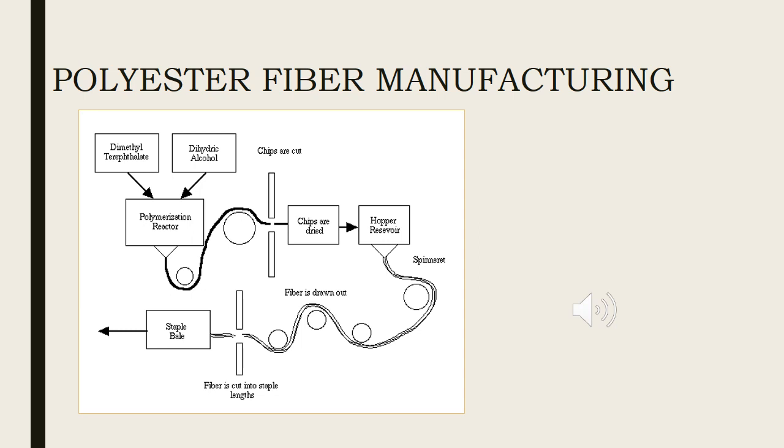At the next machine, the draw machine, undrawn tows from several canes are collected in the form of a sheet and passed through a trough of hot water to raise the temperature of the polymer to 70 degrees centigrade, which is the glass transition temperature of polyester, so that the polymer can be drawn.